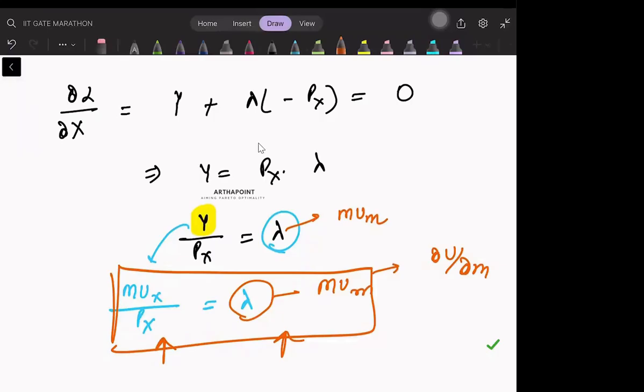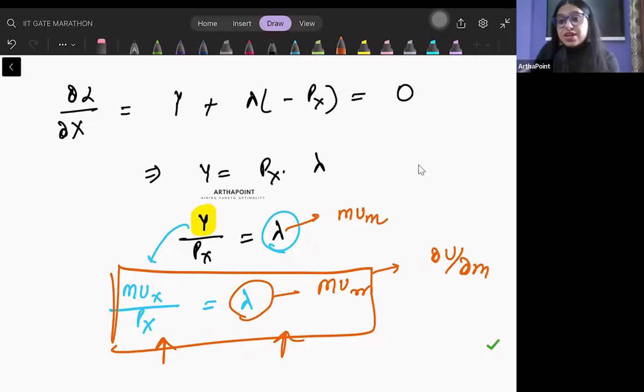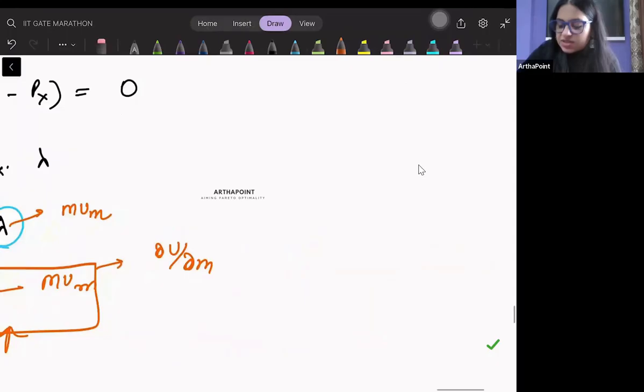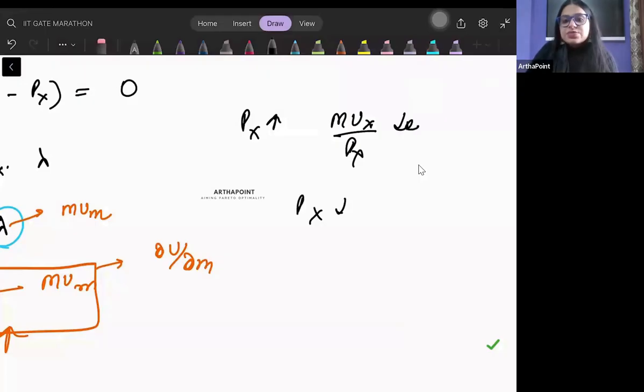So ma'am, when the price increases, why were we showing the increase in price by a shift and not by a pivot, if we consider the marginal utility of money as constant in the diagram that you had just shown? In that Marshallian demand diagram, yes. When PX increases, MUX by PX will decrease. And when PX decreases, MUX by PX will increase.